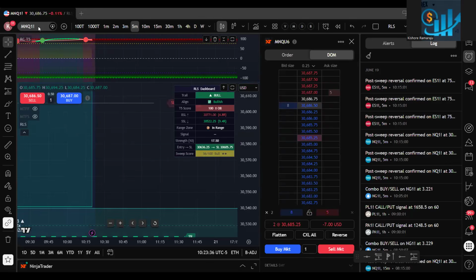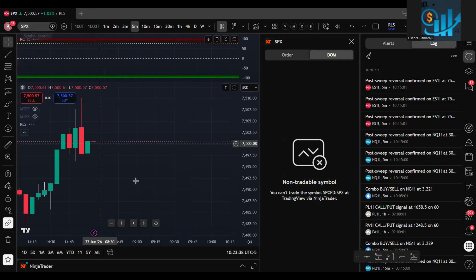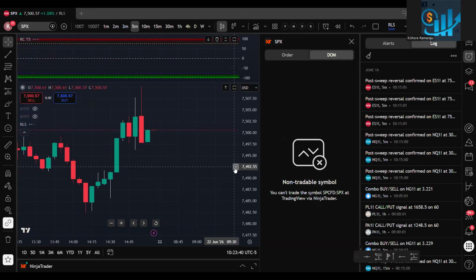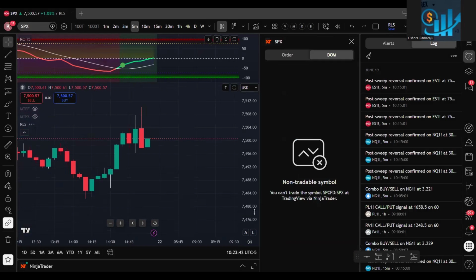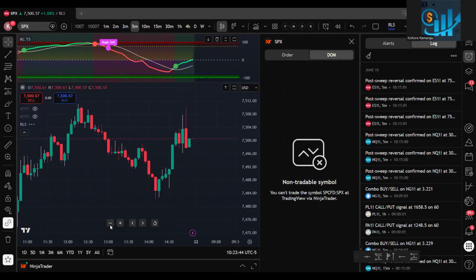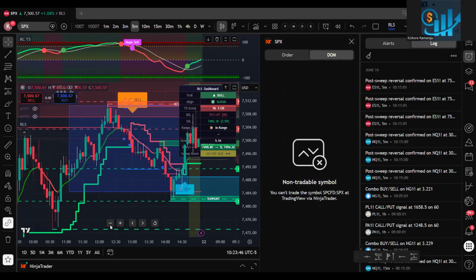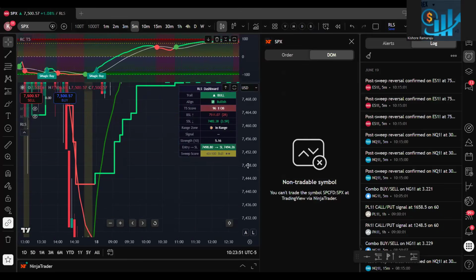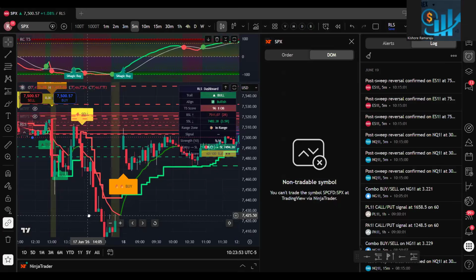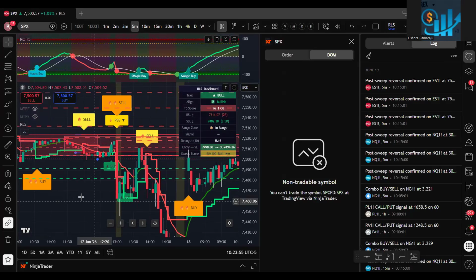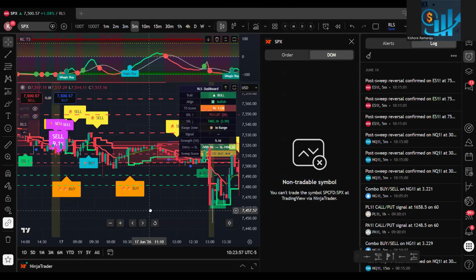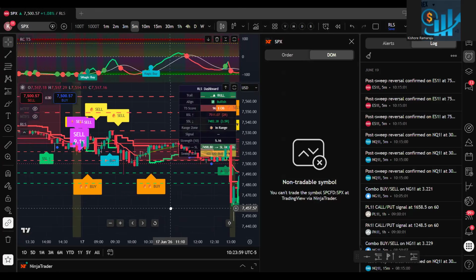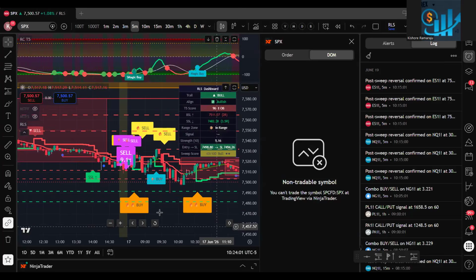Same thing for options, right? For example, if you go to SPX, if you get SSL, but we don't have SSL buy.